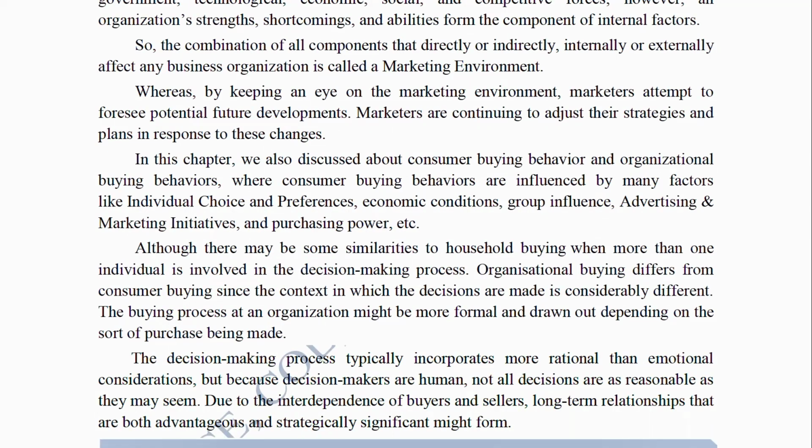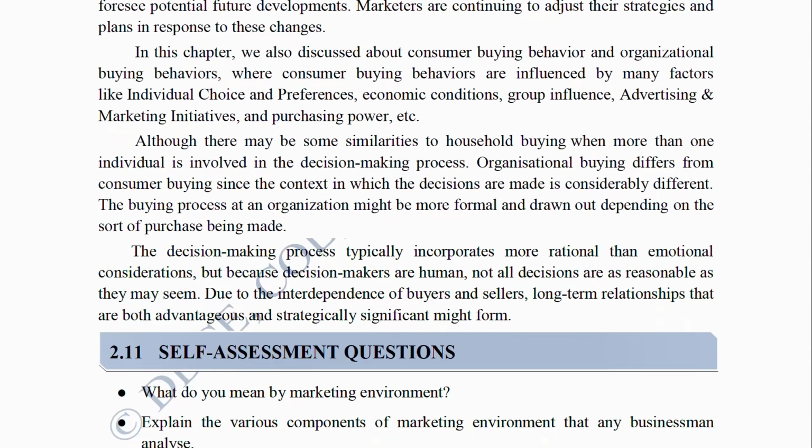In this chapter, we also discussed consumer buying behavior and organizational buying behavior, where consumer buying behaviors are influenced by many factors like individual choice and preferences, economic conditions, group influence, advertising and marketing initiatives, and purchasing power, etc. Although there may be some similarities to household buying when more than one individual is involved in the decision-making process. Organizational buying differs from consumer buying since the context in which the decisions are made is considerably different.